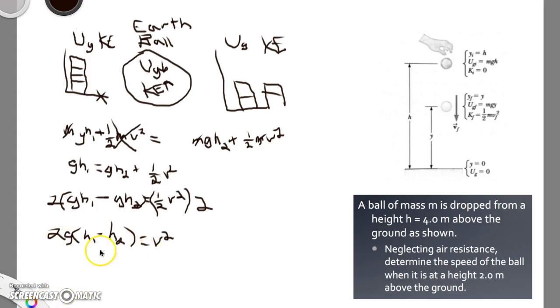After you plug these values in your calculator, you're going to find that v squared is equal to 39.2. We take the square root of that and find that the final velocity is equal to 6.3 meters per second.